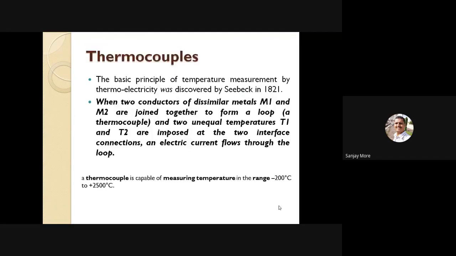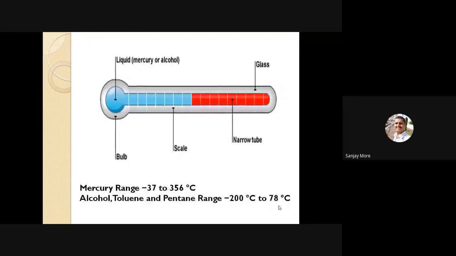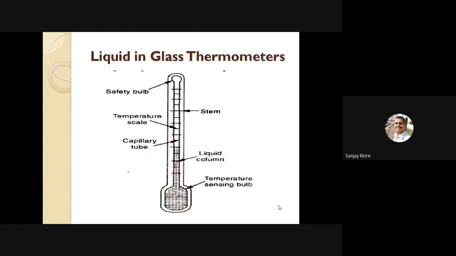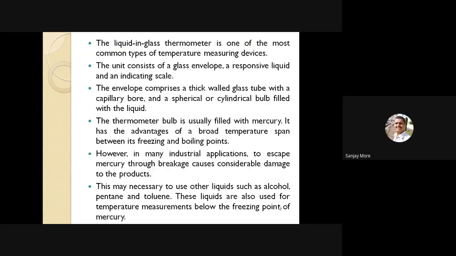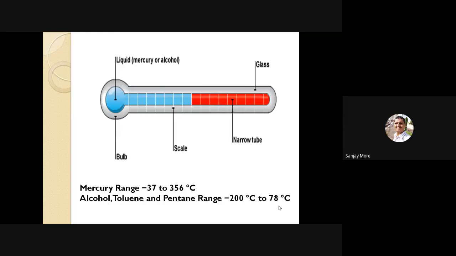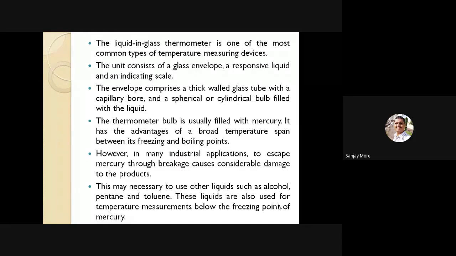So yesterday's lecture, all of you drew this diagram. So today start writing the description of thermometer. Okay. So write down first point in thermometer.